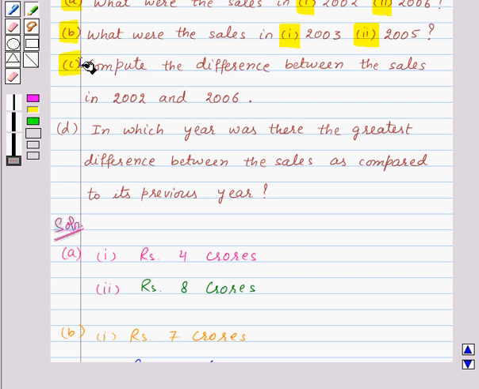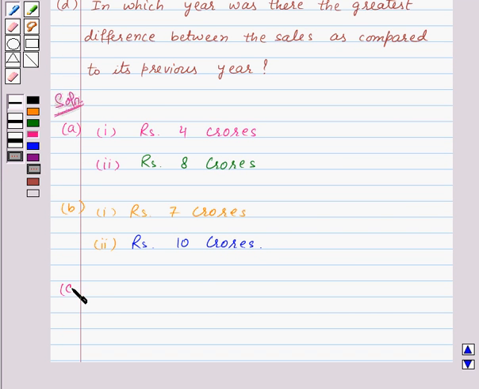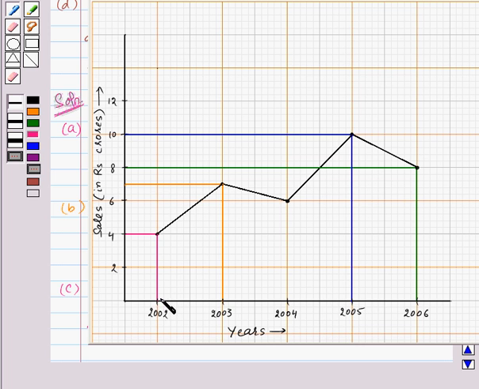Now part C says, compute the difference between the sales in 2002 and 2006. So part C, difference between the sales in 2002 and 2006 will be equal to, from the graph we can find out that the sales in the year 2002 were rupees 4 crores and in year 2006 were rupees 8 crores.